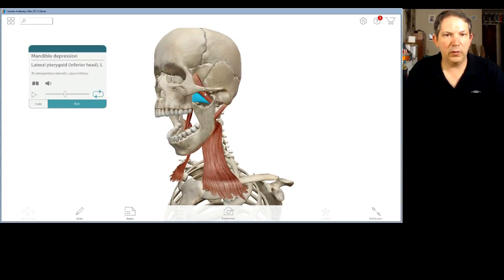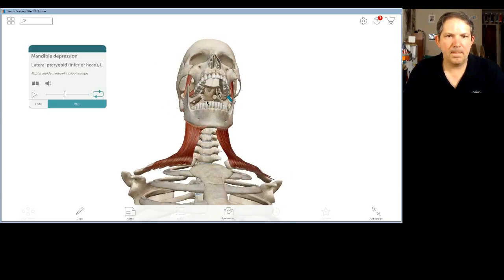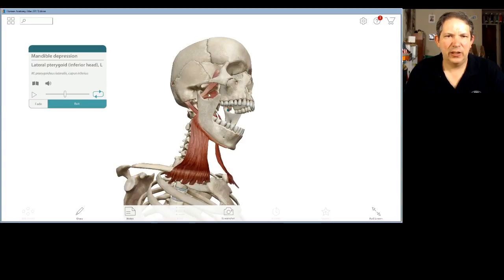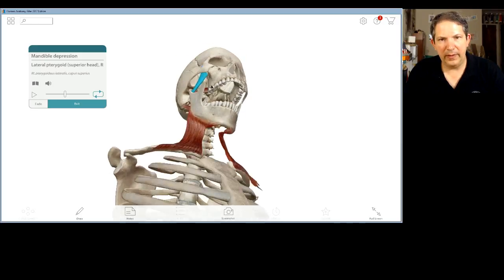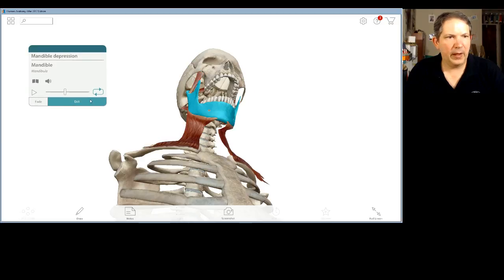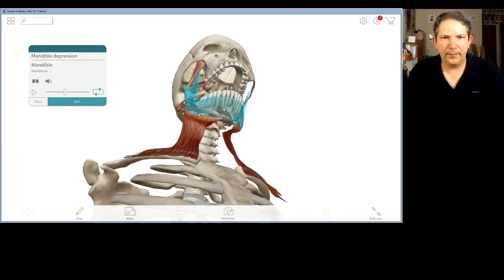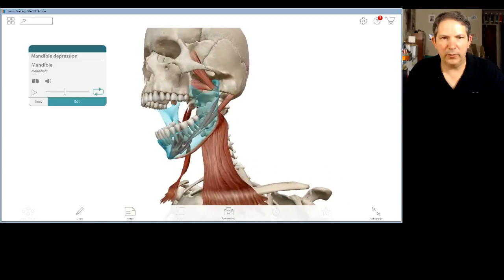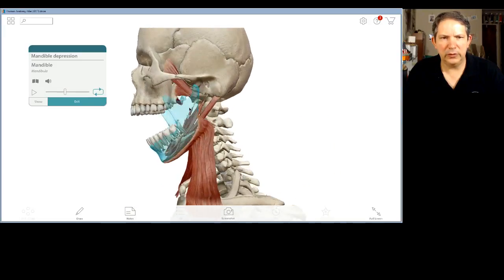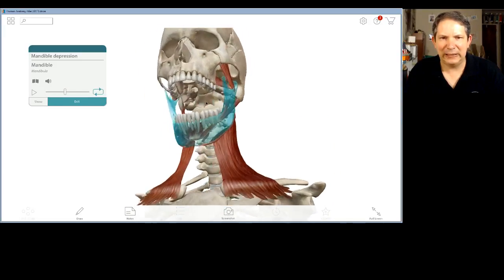And the pterygoids though, the lateral pterygoid, and two parts to the lateral pterygoid, and then there's also going to be a medial pterygoid muscle, which is going to be more for grinding.